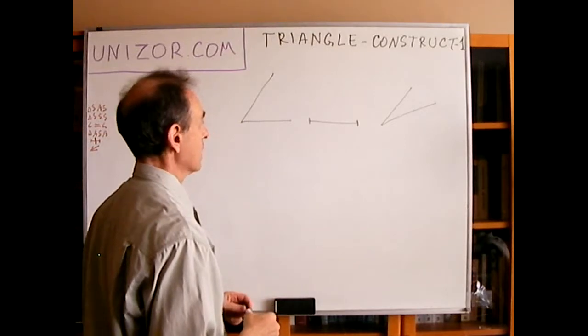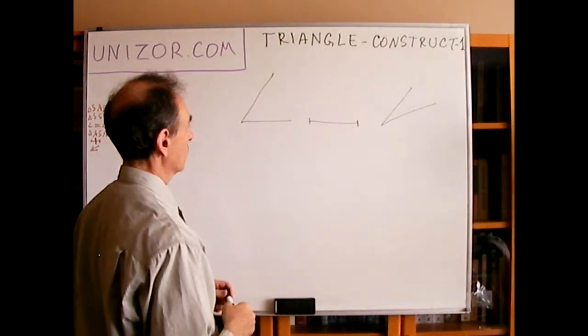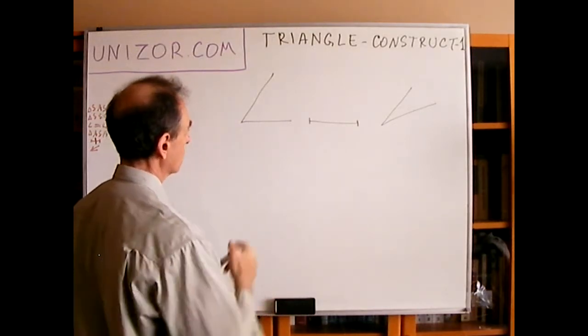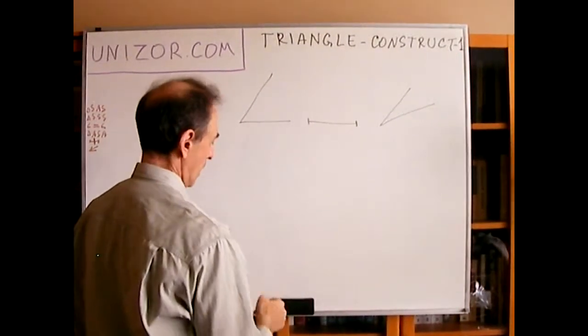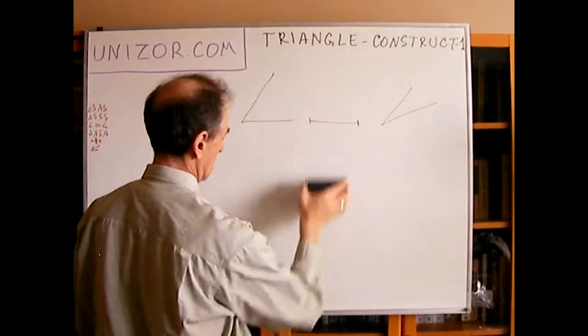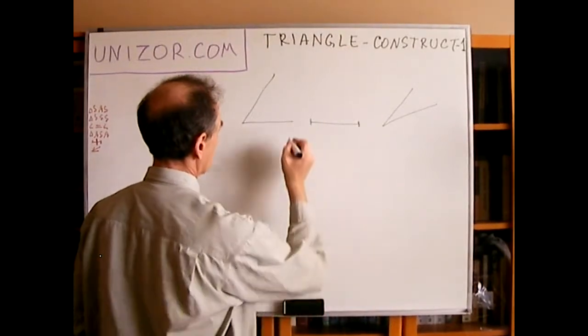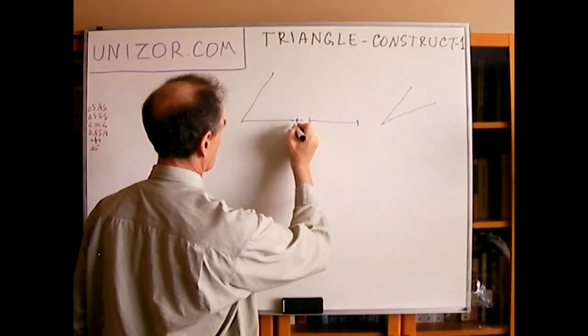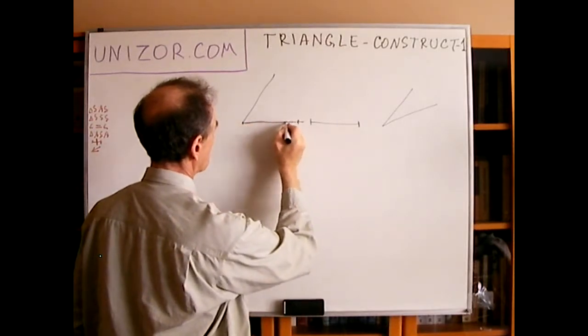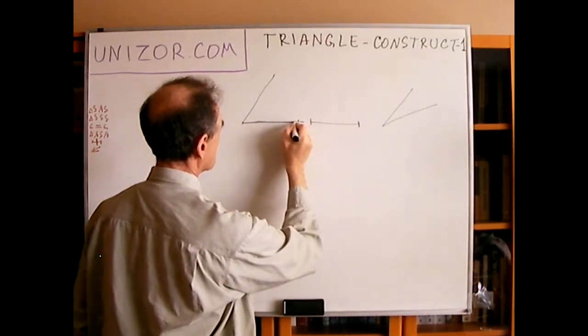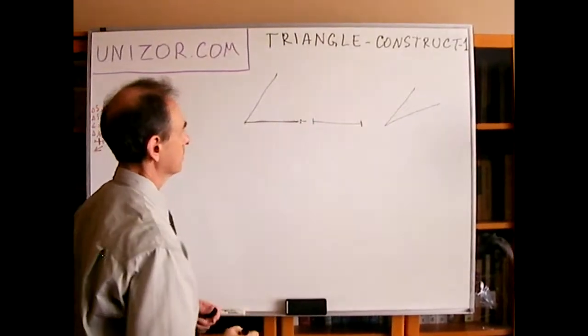It's quite easy, actually. What we can do is, we can have this original angle, one of these triangles, let's say this one, and have this segment constructed on one side of this triangle. So this is the segment which is congruent to this one.